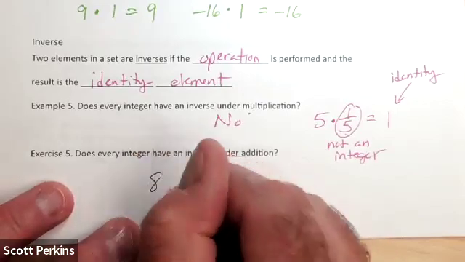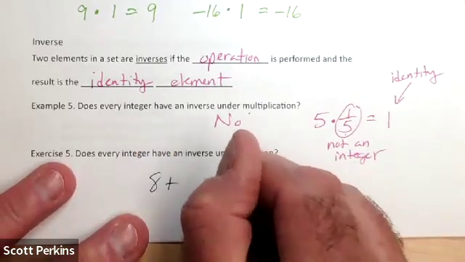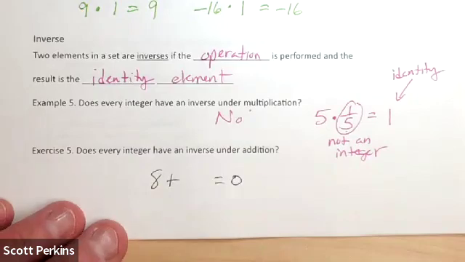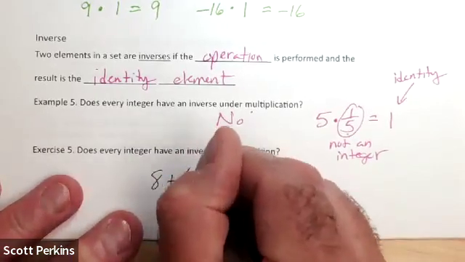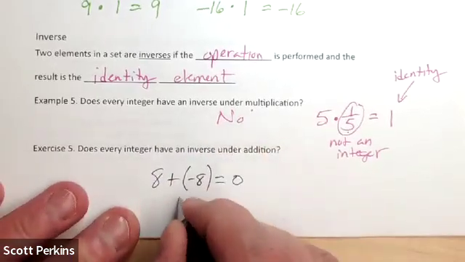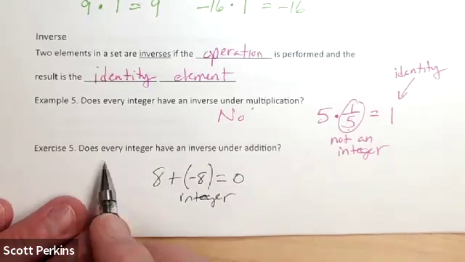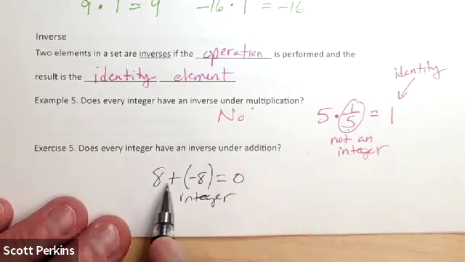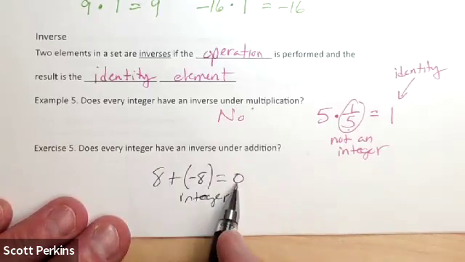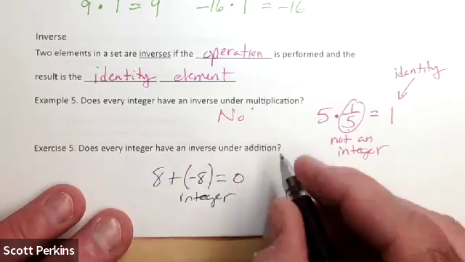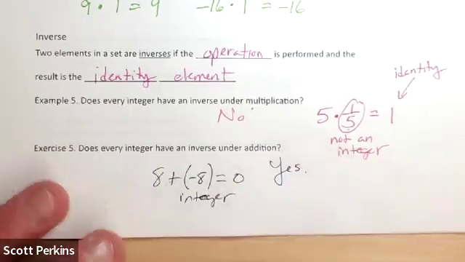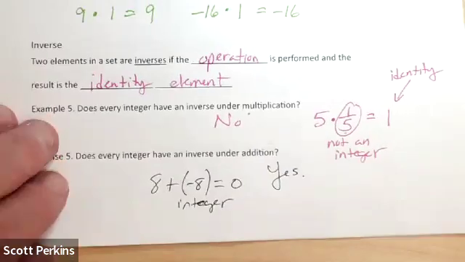Let's see 8. 8 plus what is equal to 0? Well, hopefully you said, oh, 8 plus -8 is 0. Oh, and that is an integer. So does every integer have an inverse? Something that when you add it up gives you the identity? Then the answer to that is yes. So it depends on the set of numbers, it depends on the operation.